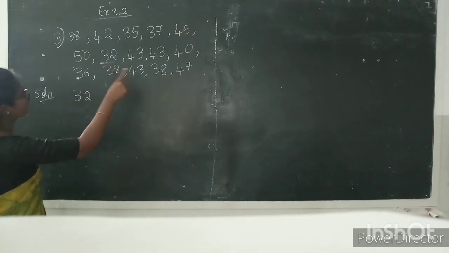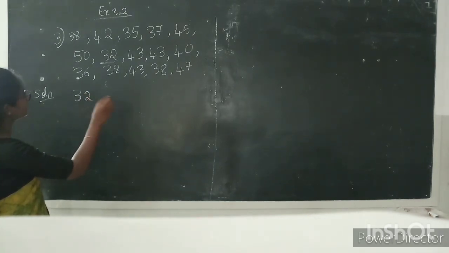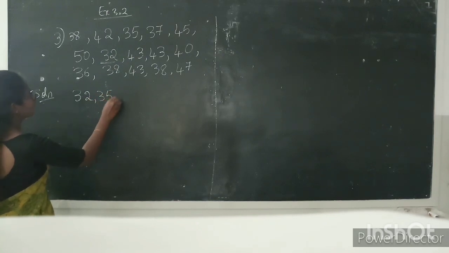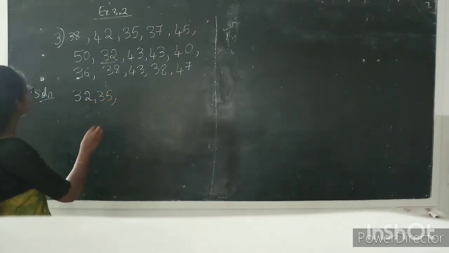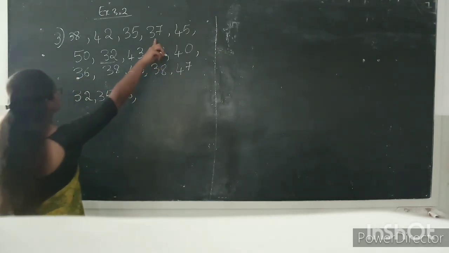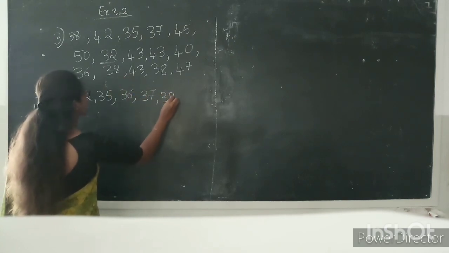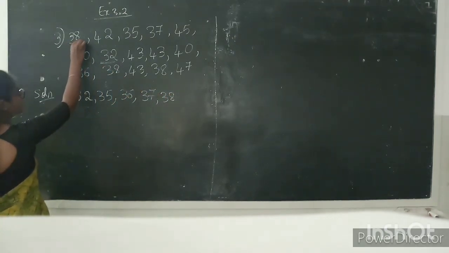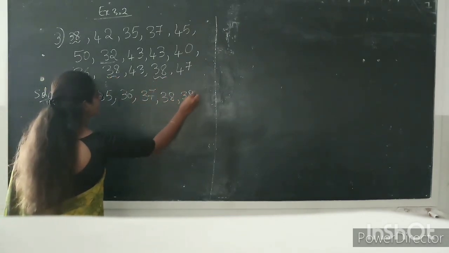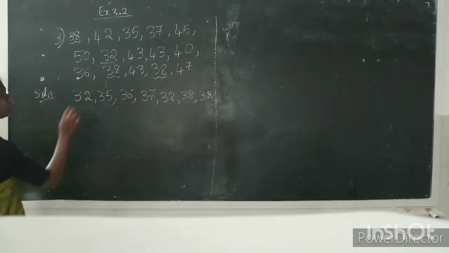The next number 33 is not there, 34 is not there, 35 is there and is not repeated. 36 is there, 37 is here. 38 is here, and we can find one more 38 here, and one more 38 here. So there are three 38s in this data.